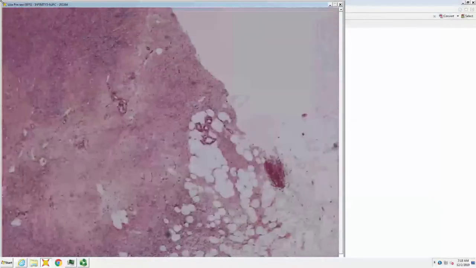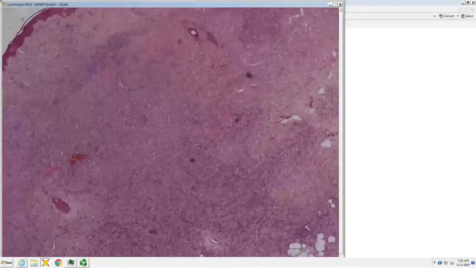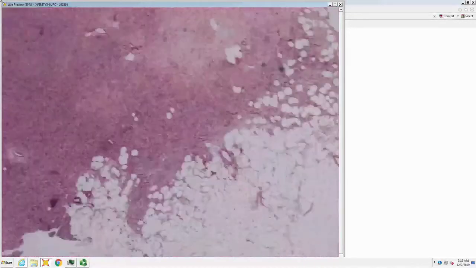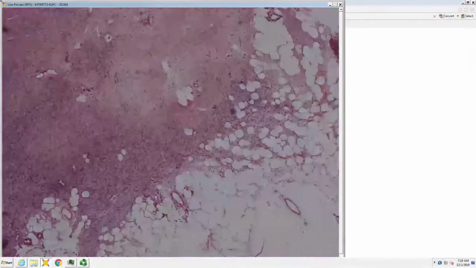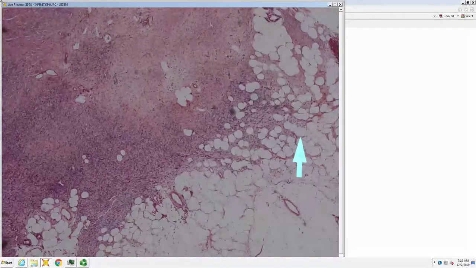DFSP. So why DFSP? Well, it's all over. Proliferation is extending to the periphery, to the fat, and it's a parallel type of infiltration.